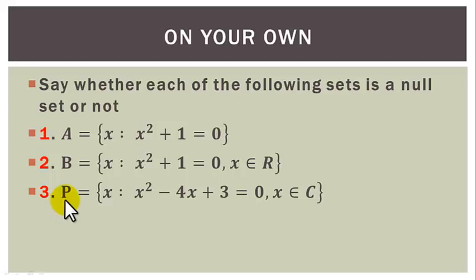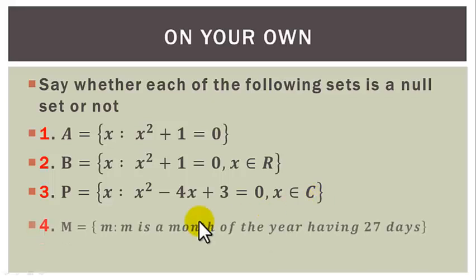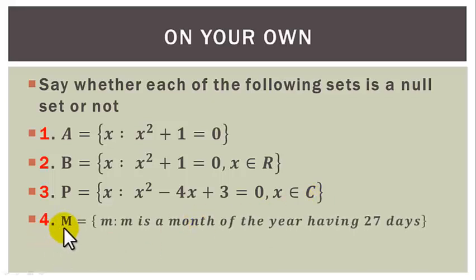The set P of all x such that x squared minus 4x plus 3 is equal to 0 and x is an element of C. 4. The set M of all m such that m is a month of the year having 27 days.